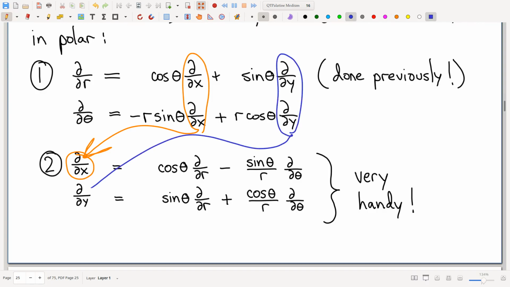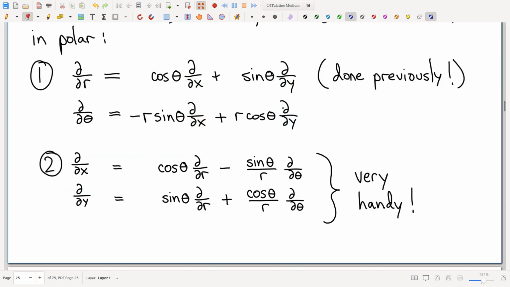There's a little bit of work to be done there, but you can solve for those rectangular derivatives in this system of equations, a little 2x2 system. Y'all can do that. Good exercise, by the way. Make sure you can do that. Solve for those rectangular partial operators, and what you get is these formulas right here.